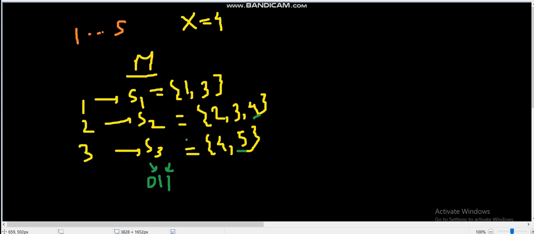In these two sets you can see that only the fourth juice is common, so our answer will be 4. So after giving these sets you can uniquely identify the value of X. We have to find the minimum value of M such that we can certainly identify the value of X. That is the problem.